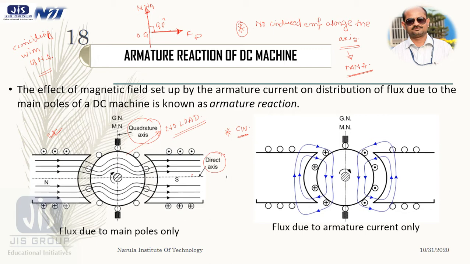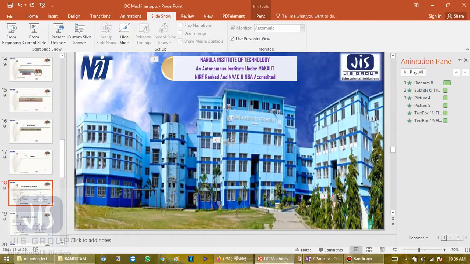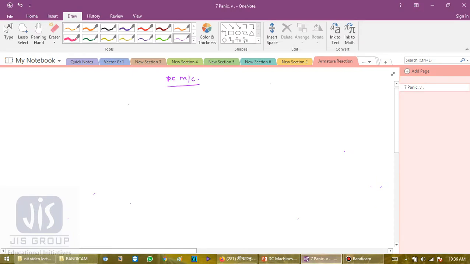Hence if we show the waveform of flux density in the air gap due to main pole, it will be like this. Suppose this is my north pole.